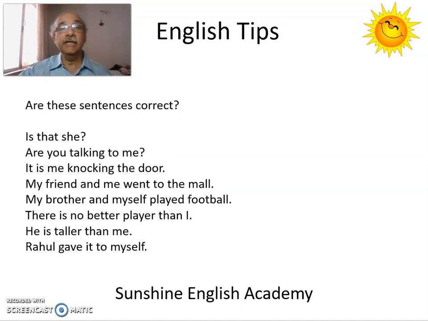So now decide, are these sentences correct? I will read them for you. Is that she? Are you talking to me? It is me knocking the door. My friend and me went to the mall. My brother and myself played football.